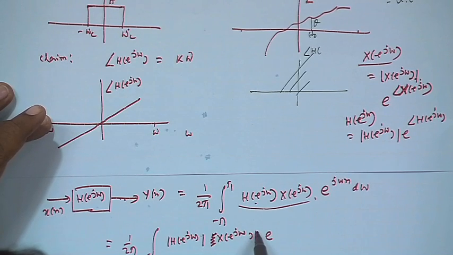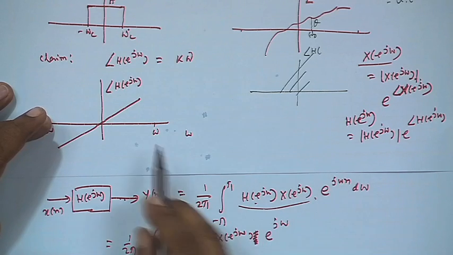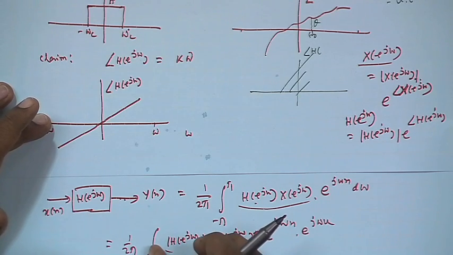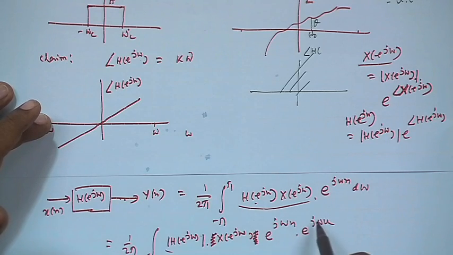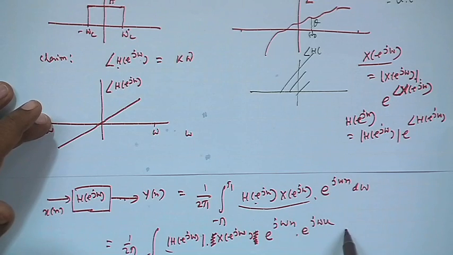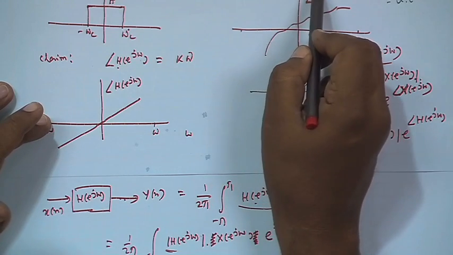So, e^{jωn} and e^{jkω}, that is ωk, that is from the system transfer function. Capital H(e^{jω}) is the mod of H(e^{jω}) into e^{j} times the angle, and the angle is kω or ωk. So that is e^{jωk} and dω.